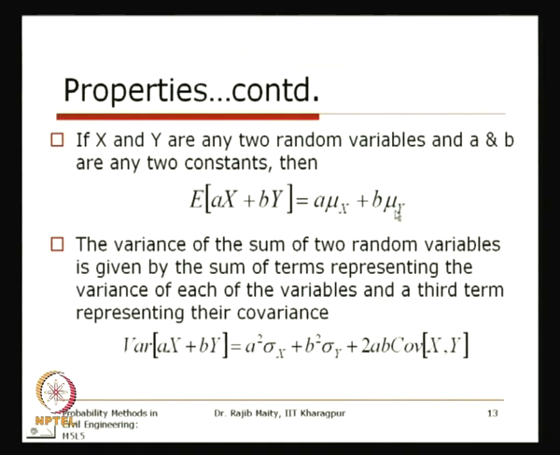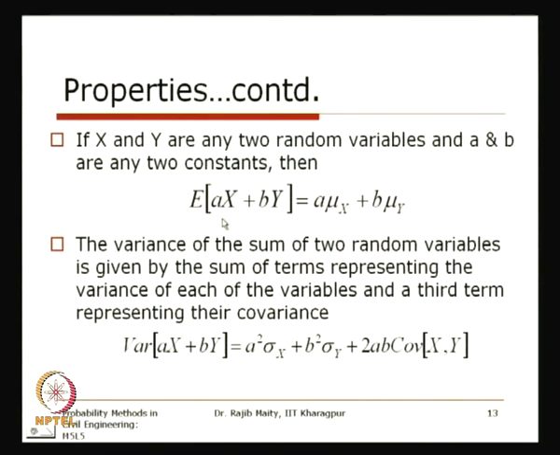Recall that in the earlier lecture, for a single random variable, we showed that expectation of ax is equal to a mu x; the constant multiplied with the random variable can be taken out of the expectation operator, leaving expectation of x, which is mu x. This is now additive also, if there is more than one random variable added together with constants. So we can write expectation of ax plus by equals a expectation of x, which is mu x, plus b expectation of y, which is mu y.